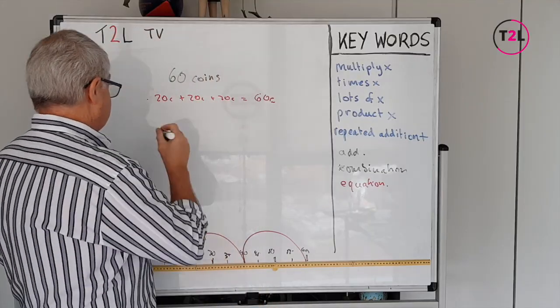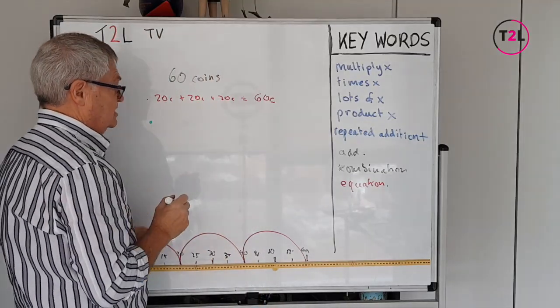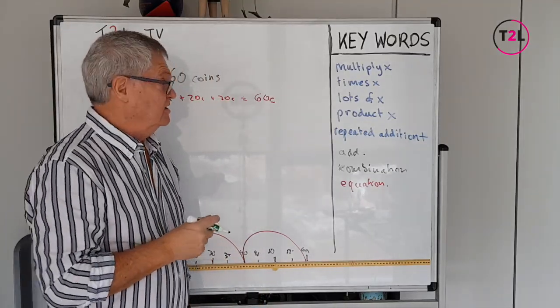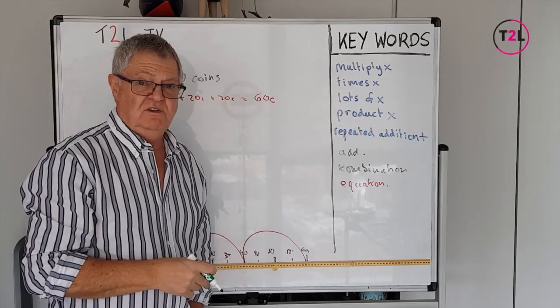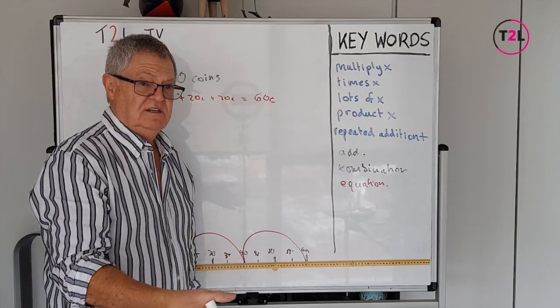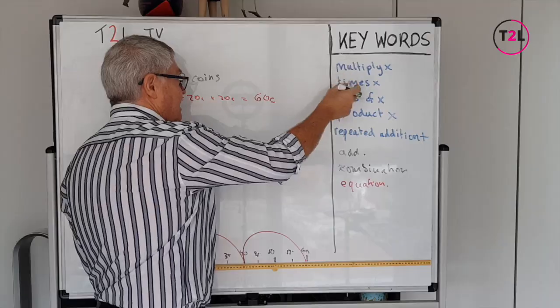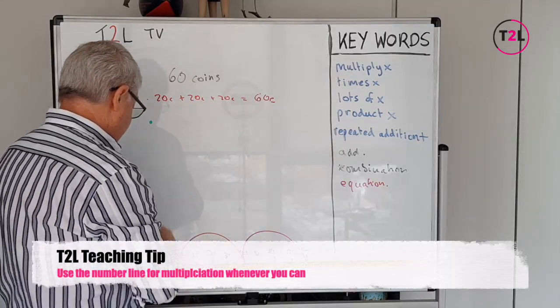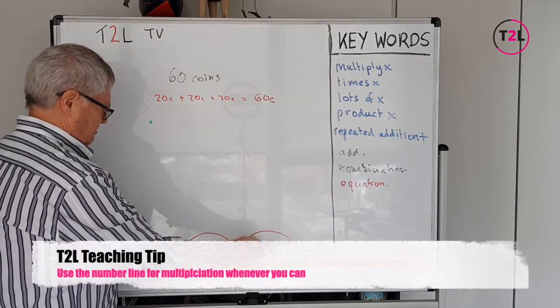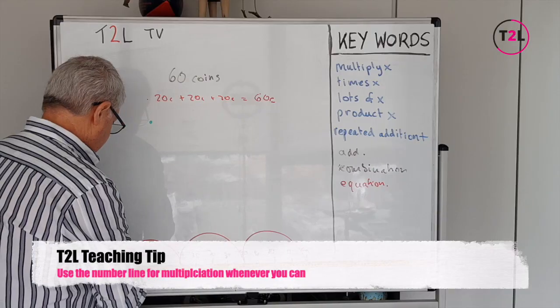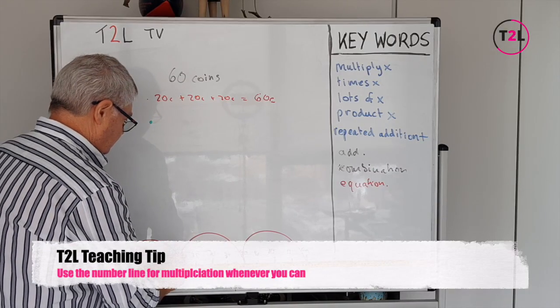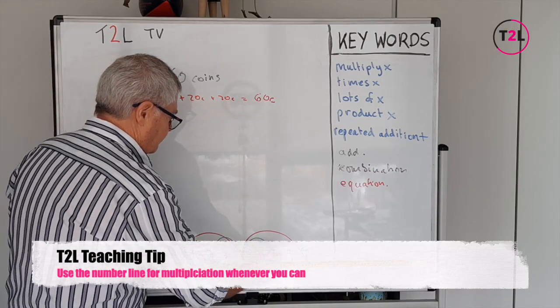So the next combination, somebody goes, you can have 6 10s. I said, I noticed you didn't even say multiply or times or lots of, you just said 6 10s. And we hear that as you mean 6 lots of 10. It could be that they got it from here and just said, well, gee, I see what to do. So let's go, 1, 2, 3, 4, 5, 6.